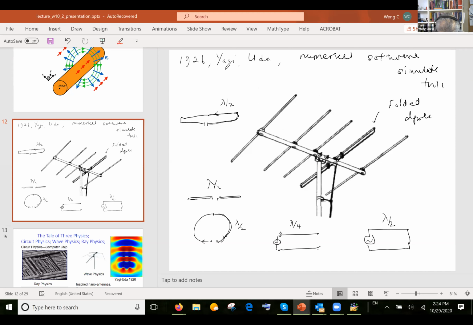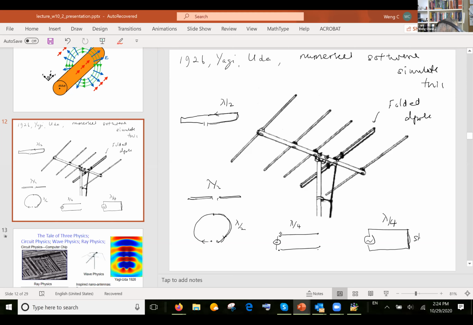And maybe I said it wrong. Lambda over 4, lambda over 4. Let me see. If it's a short, sorry, if you put a short there, it can still resonate at lambda over 4.